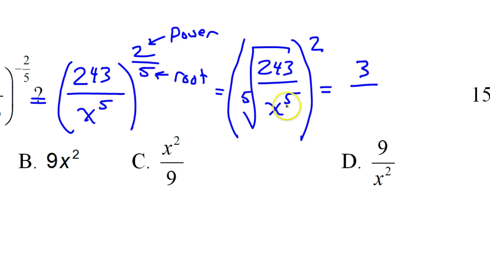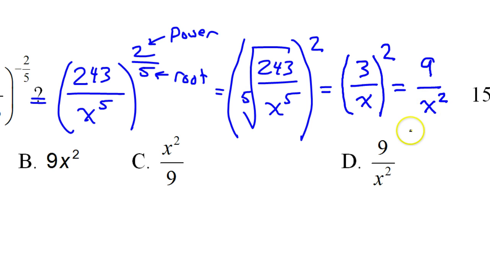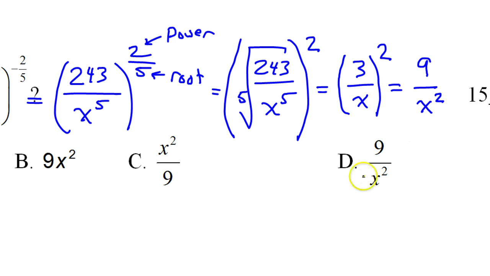Now the fifth root of x to the fifth power is just x, because with variables you simply divide, and that would be like 1. So I have 3 over x in there. But then I'm supposed to square that, because second power. So that's going to give me 9 over x squared. Alright, 9 over x squared, so that's D.